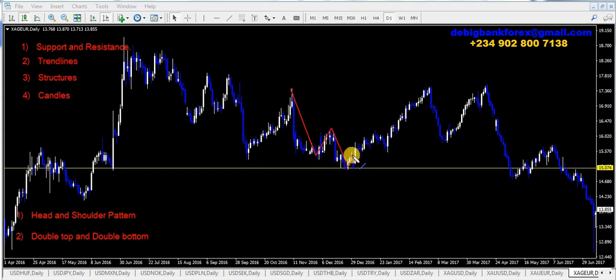Now for the market to move forward, the market did something like this before it took it up. This was the pattern, and this is an example of head and shoulder pattern. This is the head, this is the left shoulder, and this is the right shoulder, and the market came back to this level.